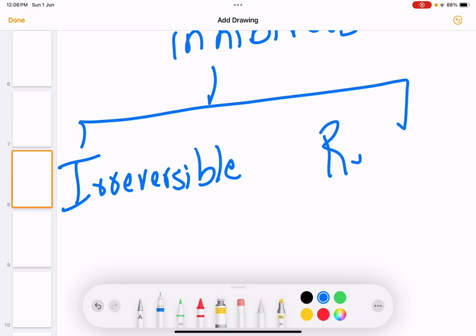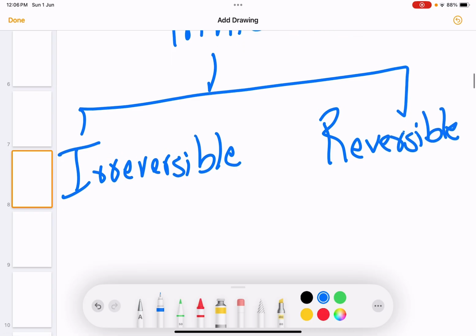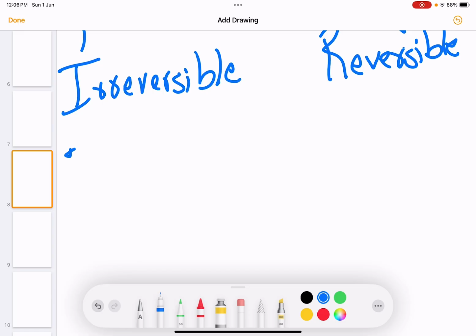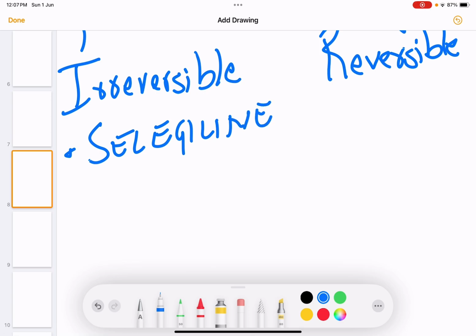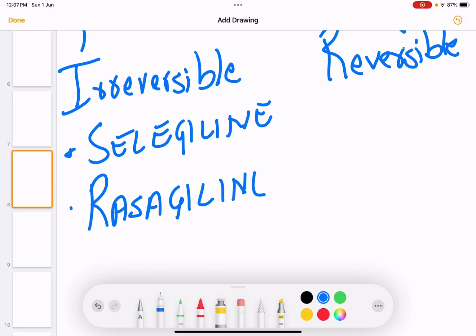Irreversible MAO-B inhibitors are selegiline and rasagiline, while the reversible MAO-B inhibitor is safinamide.